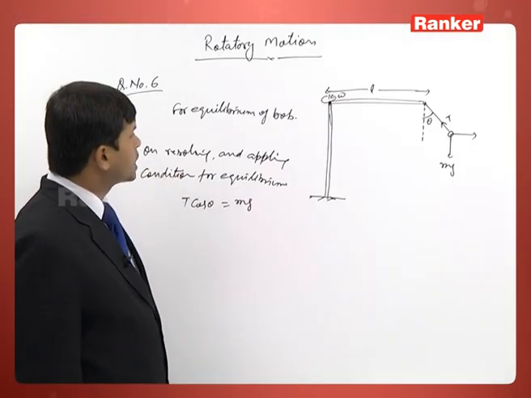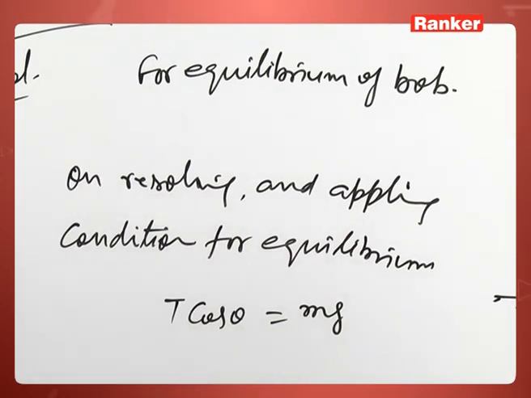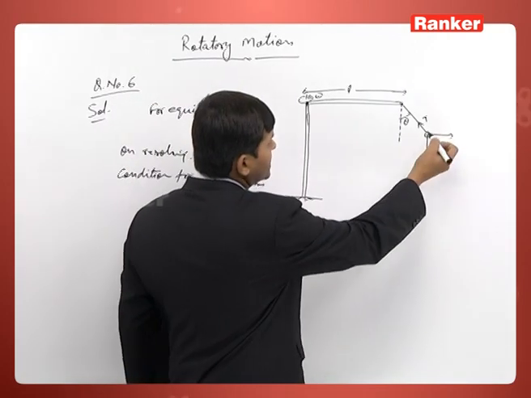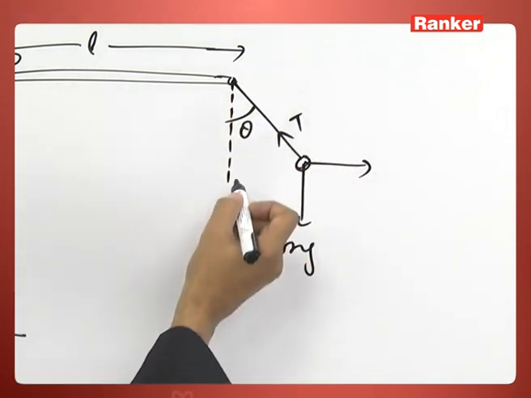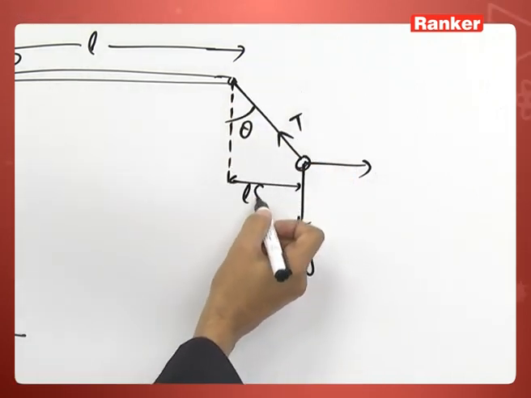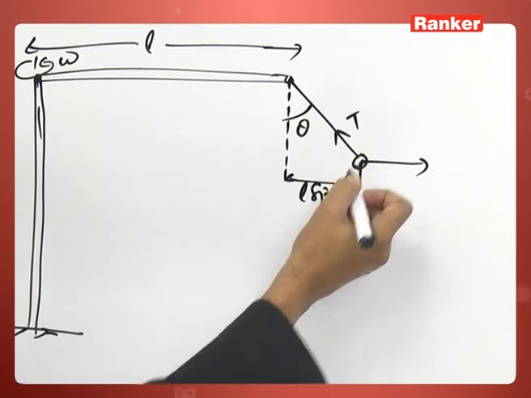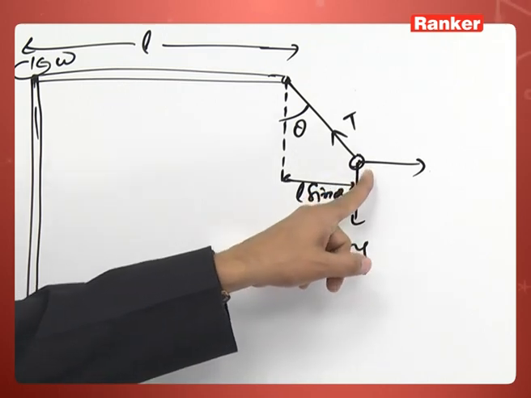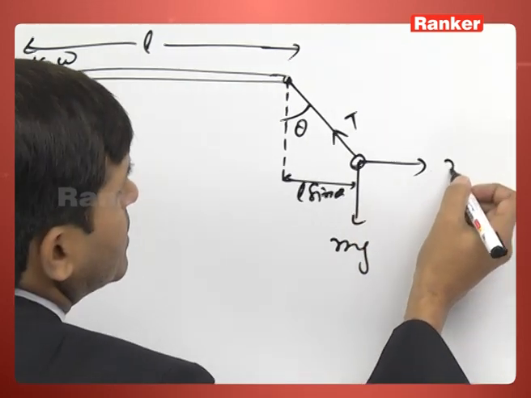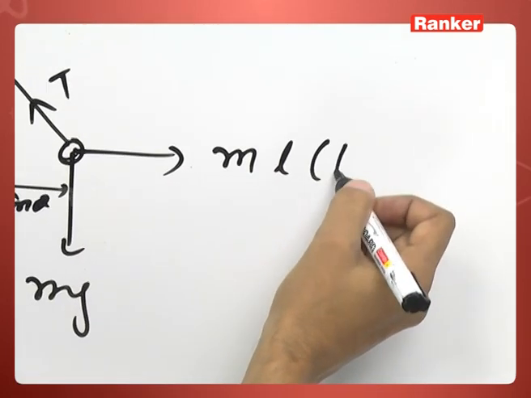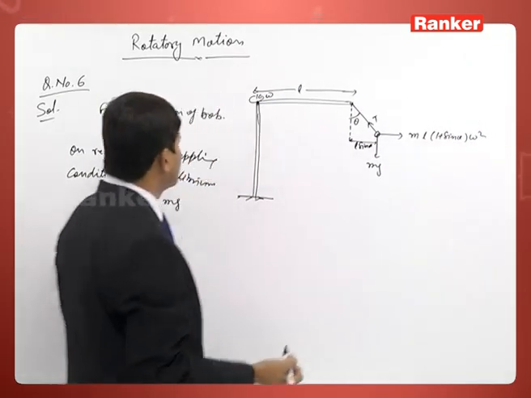Now for equilibrium of a bob, this is the position of your bob, and the length of this string is also given as L. So this will be L sin theta, and this is already L. So the distance or radius of rotation of the bob will be L plus L sin theta. So pseudo force will be m L (1 plus sin theta) into omega square.